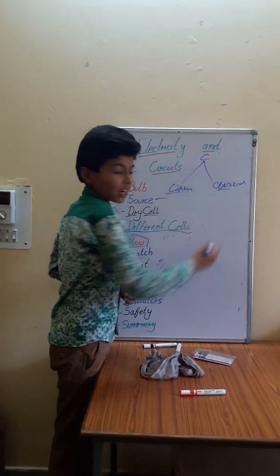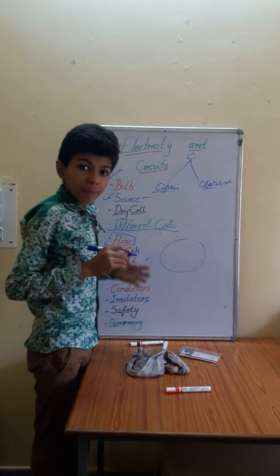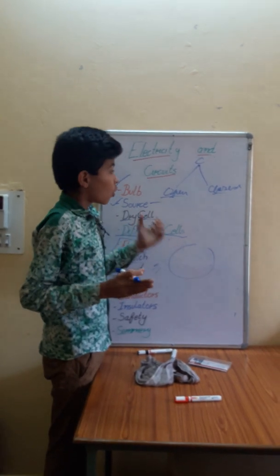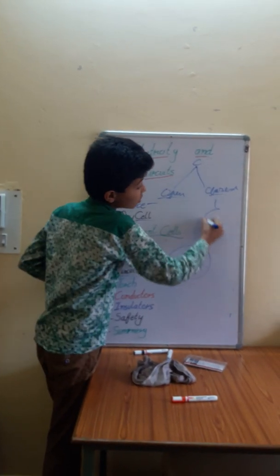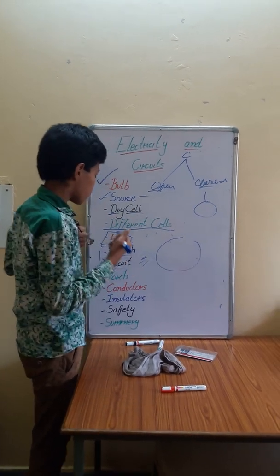As the word suggests, open means the circuit is open, which means the bulb will not glow. But in a closed circuit, the circuit is closed, which means the bulb will glow.